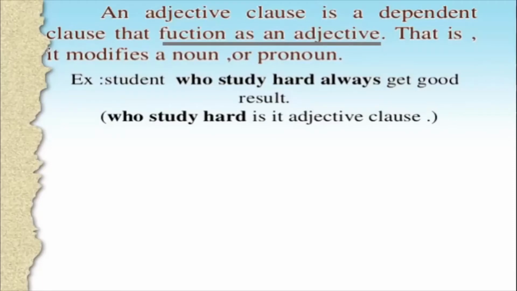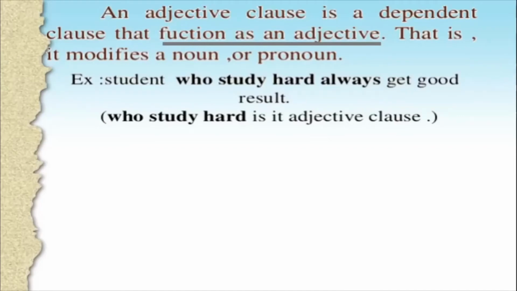See here, one example: students who study hard always get good results. Which students? When we are talking about students, here it is the noun. Students is the noun. So students get good results. Which students will get good results? Those students who study hard.